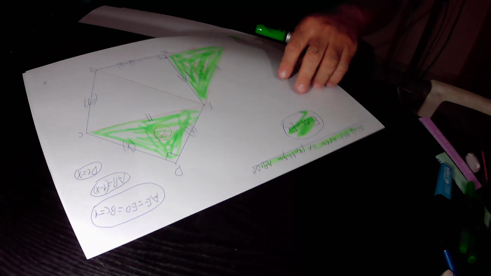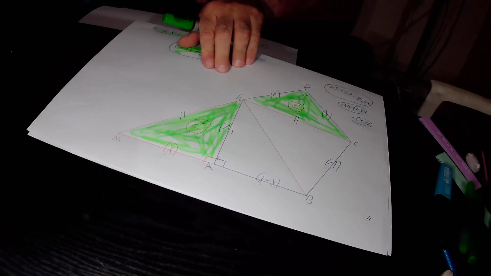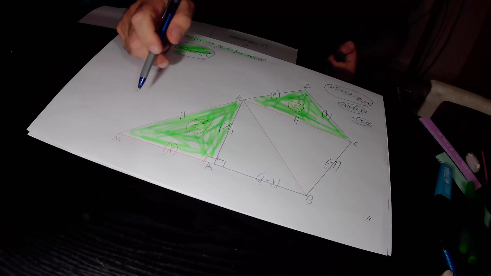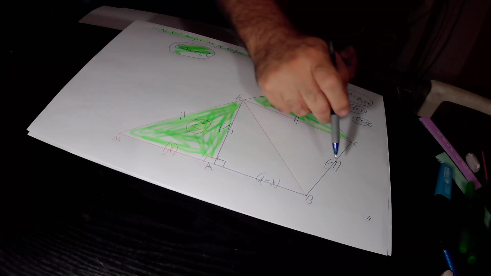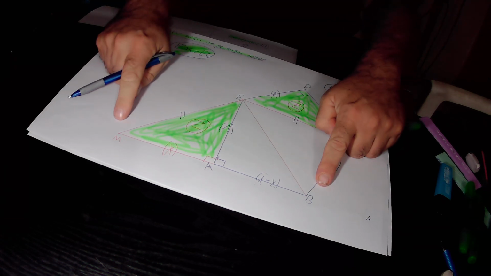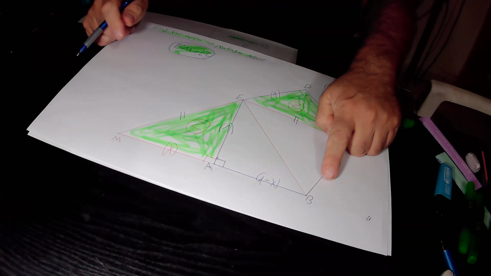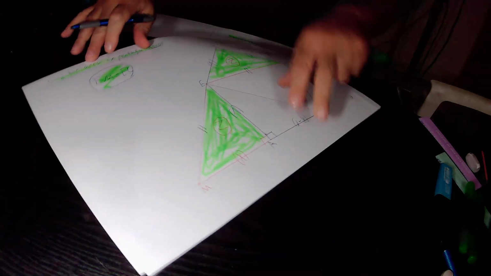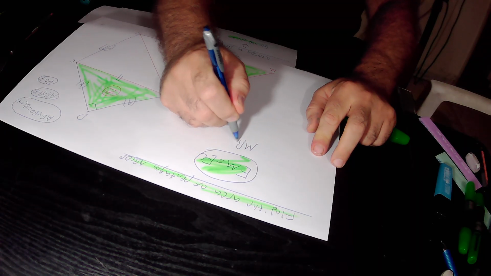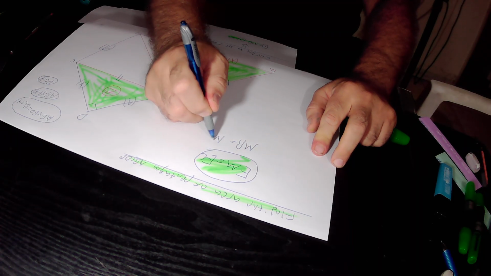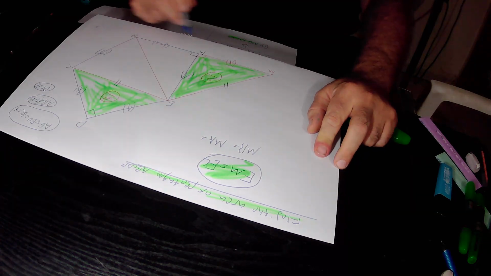In the next step, we will calculate the length of line segment MB. MB in total equals MA plus AB.